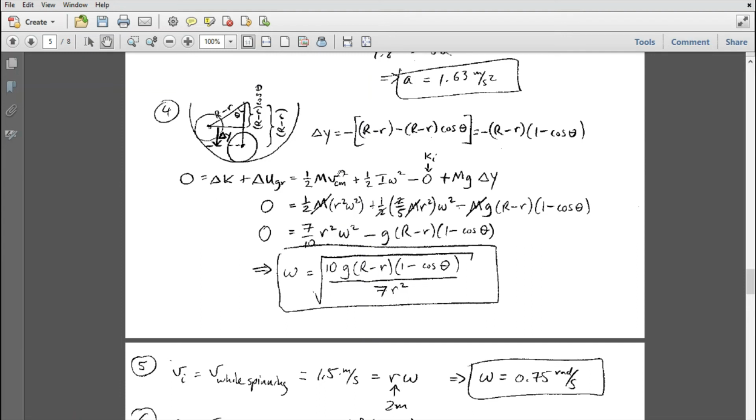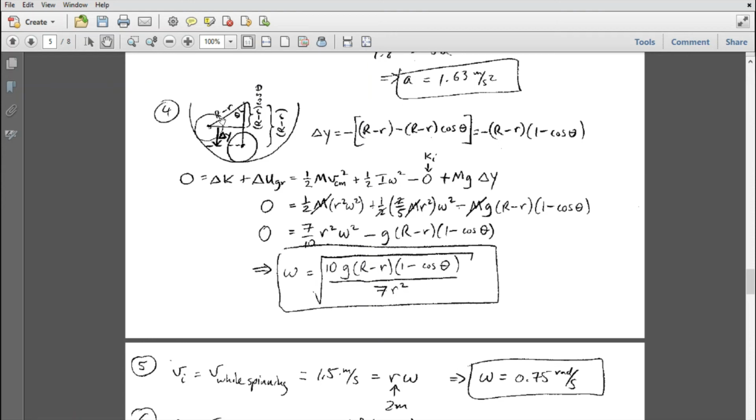For the right-hand side, for delta KE, we have two terms: 1/2 I omega squared plus 1/2 m v center of mass squared for rolling without slipping. I need those both in the final state and in the initial state, but in the initial state it was released from rest, so its initial kinetic energy is 0. And for the change in potential energy, I have mg times delta y.